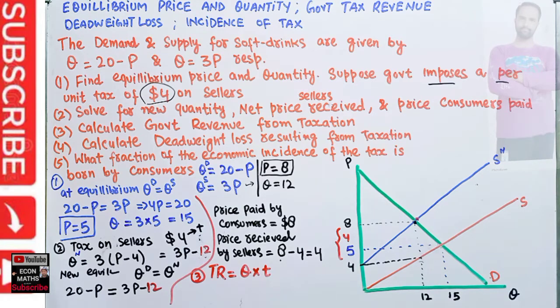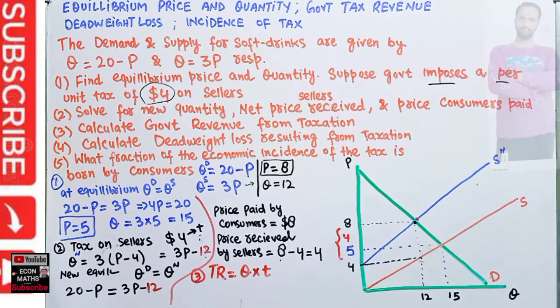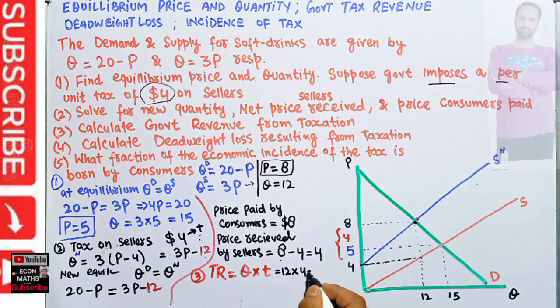We know the quantity transacted at the new equilibrium is 12, times the tax rate, which we are told is 4, so that means $48 will be the government revenue from this very taxation.